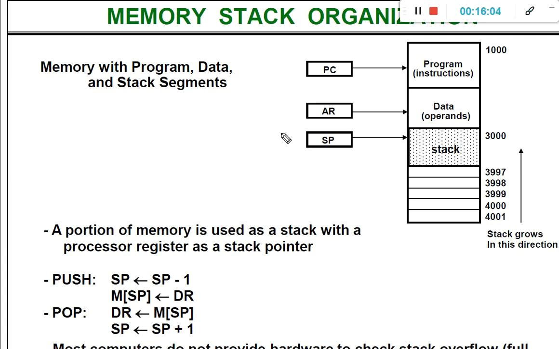And already we have seen the purpose of the registers. Some special purpose registers are there, such as data register, program counter, memory address register. So several different types of registers we have seen.